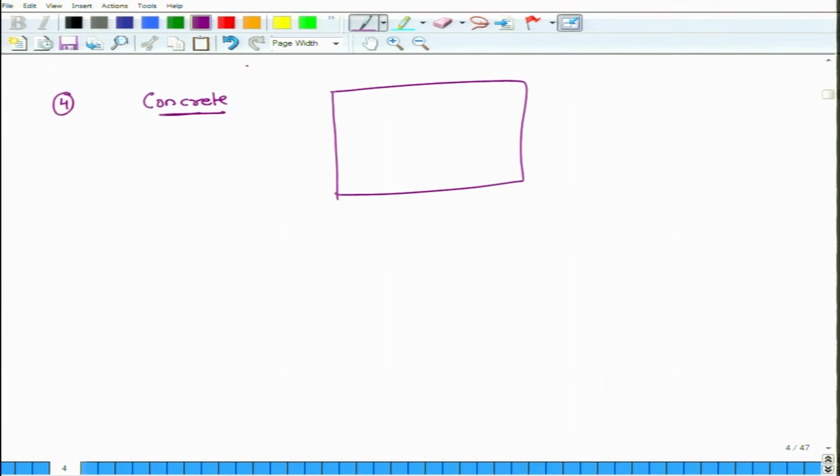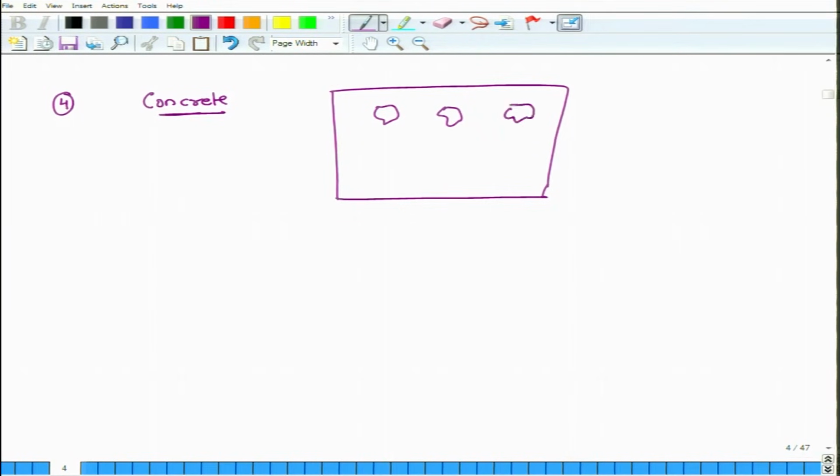It can have pieces of steel, but you do not need steel in the concrete, but it definitely has two things. So, one are small pieces of rocks or pebbles. And then all these rocks are bound in a sea.